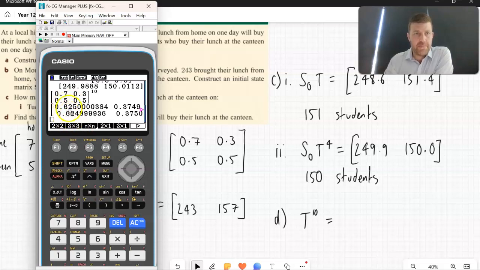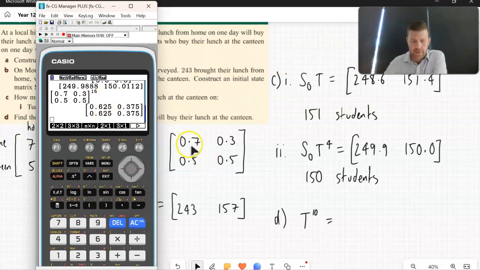You can see that people that bring their lunch from home 10 school days after Monday will be 62.5%, and those purchasing from the canteen will be 37.5%. So that tells me that's probably going to be the steady state. If you want, you can just go and change that again to the power of 15, something like that. And again, perfect. Not much has really changed there at all.